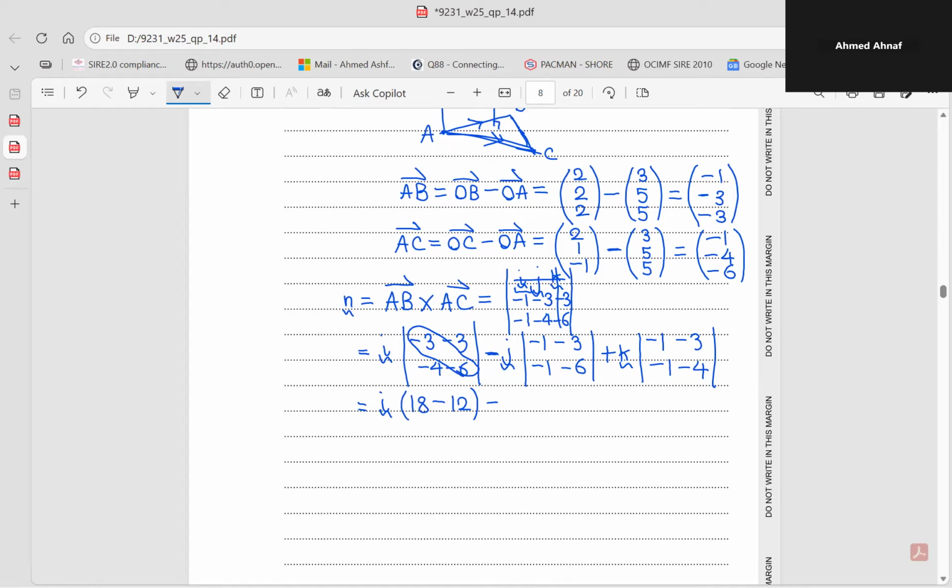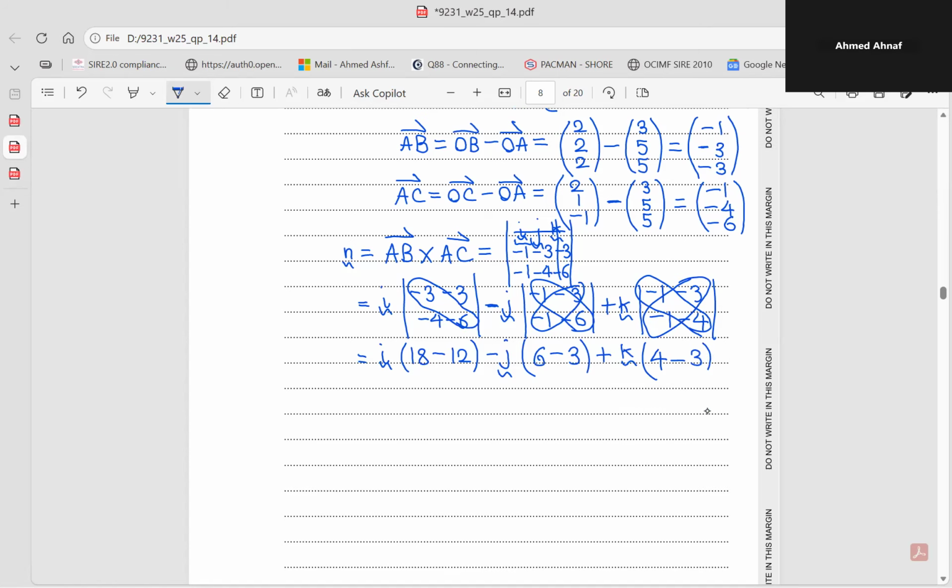So 18 minus 12, minus J, -1 times -6 is 6, minus -3 times -1, that's just 3, plus K, -1 times -4 is 4, minus -3 times -1, that's 3. Okay, so column vector form will be 6, 2, 1.